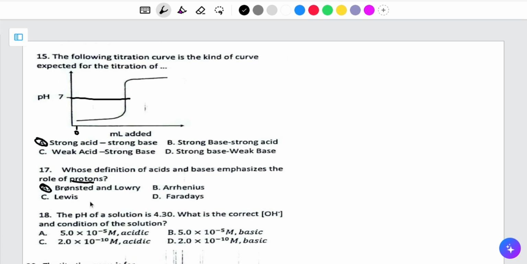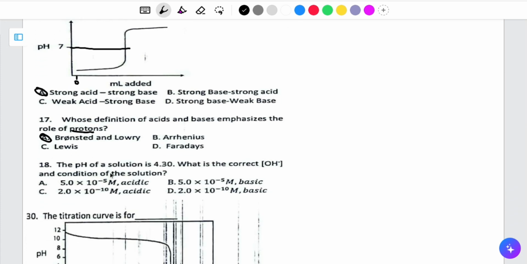Then the next one, the pH of the solution is 4.3. What is the correct hydroxide ion concentration and the condition of the solution? Wow. So what are we going to do here? We need to find the hydroxide ion. So we know that pH plus pOH is equal to 14.